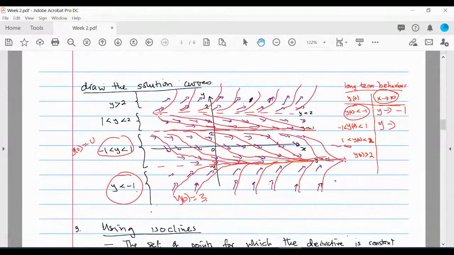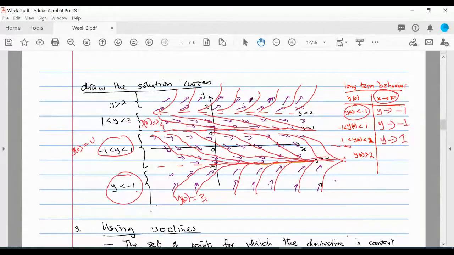So as you start in that region, all solutions are just going to -1. Now let's start solutions in this region. y of 0 equals 3/2, and then you find that all the solutions in that region are coming back to this null line, y equals 1. So as x approaches infinity, y approaches 1.